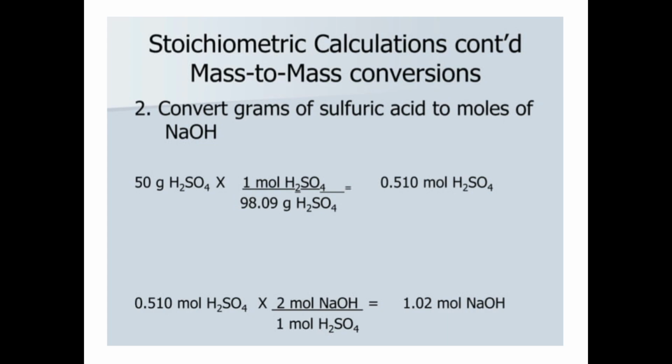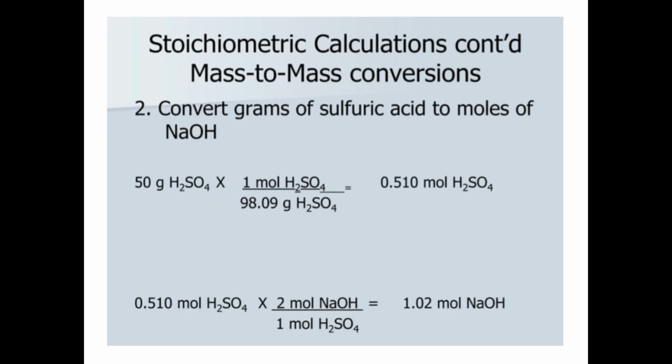So it is 0.510 times the mole ratio, which is the mole of the unknown, 2, over the mole of the known, 1, and it will give you 1.02 mole of NaOH, which is the unknown.